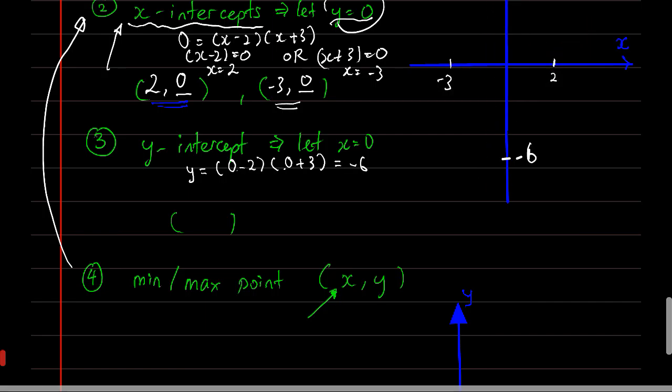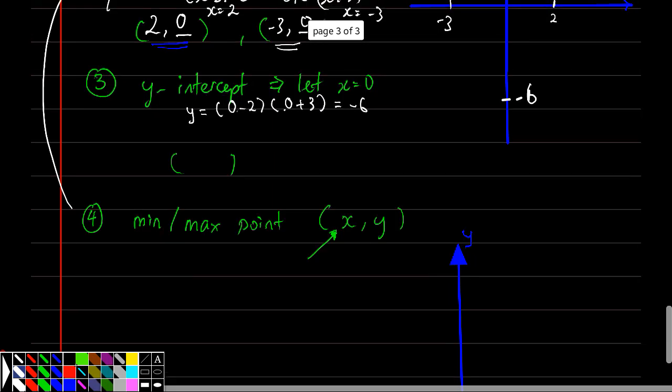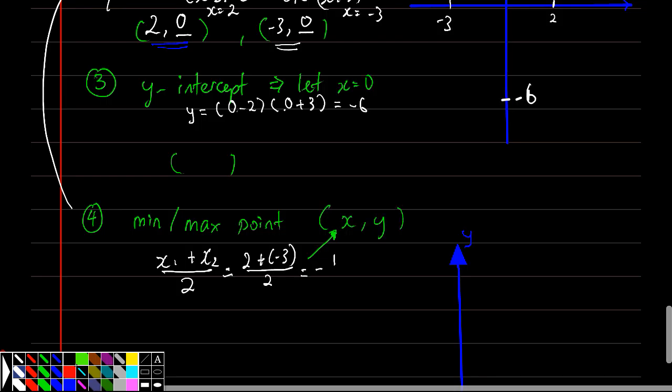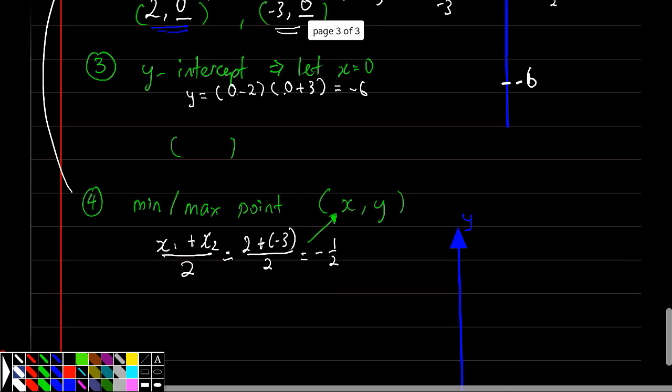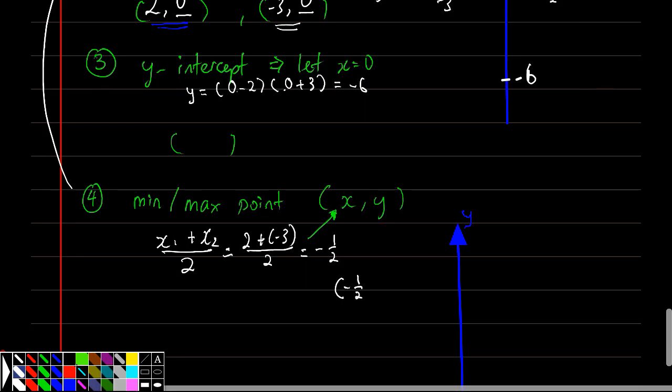To do that, very simple. I will say x1 plus x2 divided by 2. In this case, I will take 2 plus negative 3 over 2. And over here, I will have negative half. So I know that my x coordinate would be minus half, something.